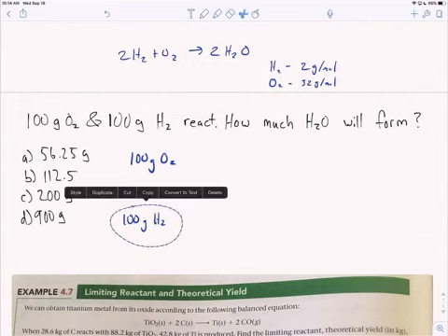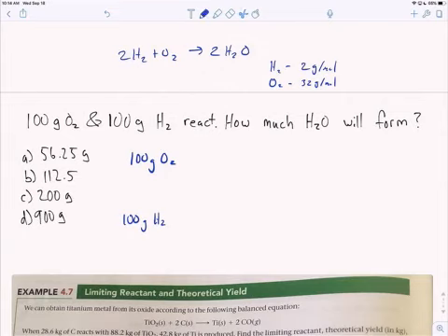I'll do it for hydrogen. So for hydrogen, this is mole hydrogen, so 2 grams hydrogen, and 2 mole. 16 plus 20. H2.